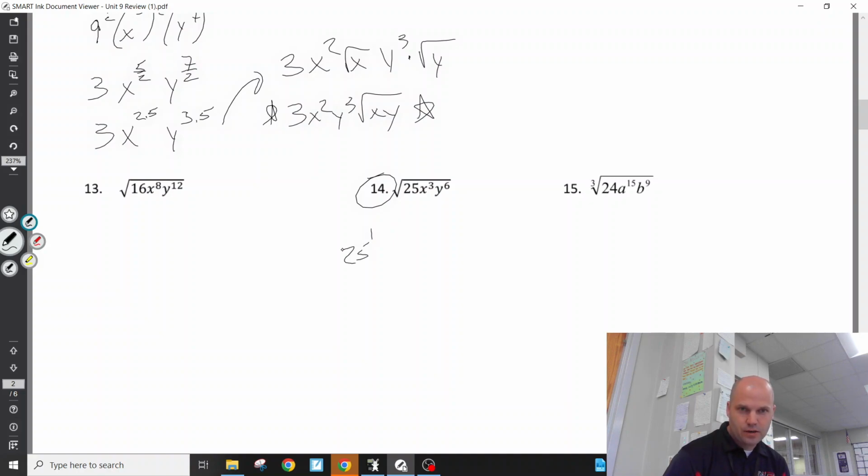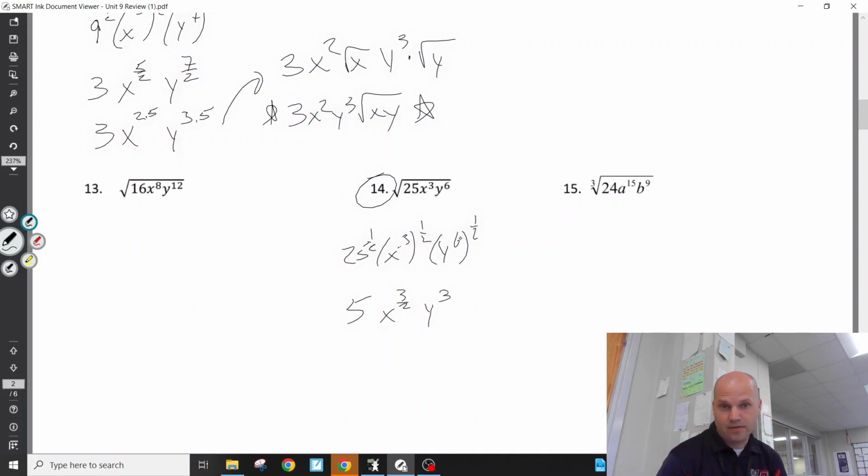So same thing here. Square root of 25 is 5. This is x to the 3 halves. This is y to the 3rd. 6 halves is 3, so we can simplify that. But 3 halves is 1.5.